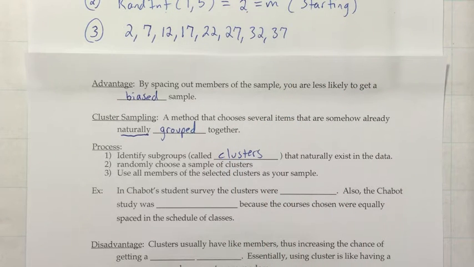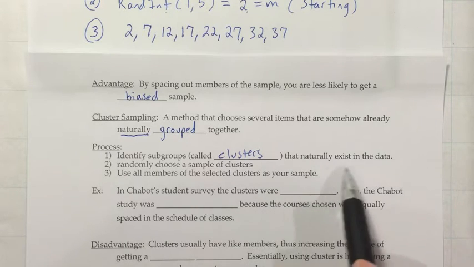So just as a quick example, going back to that Chabot student satisfaction survey, the people who chose people to come in and do the survey did not actually choose people. They chose classes and then gave the survey to the whole class. So they didn't choose individual students. They chose individual classes, and those would be the clusters in that example. They didn't put the people in those classes. The people picked their own classes.